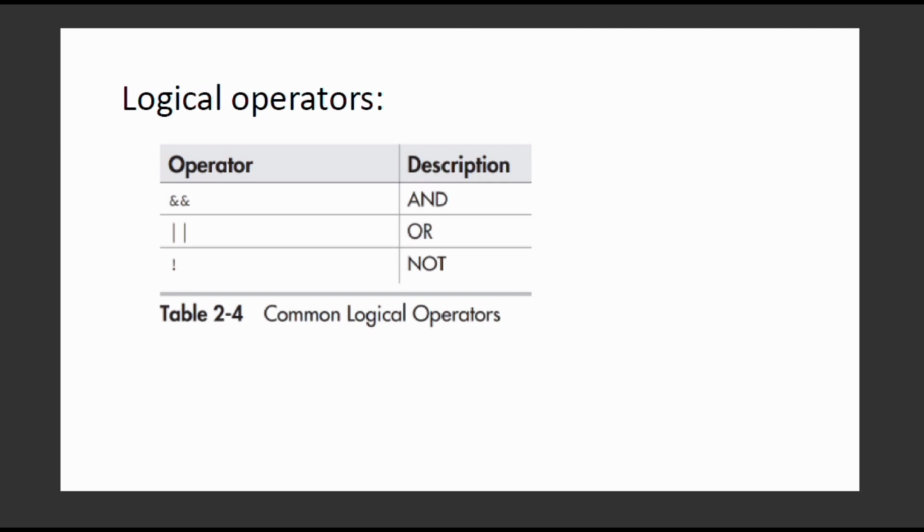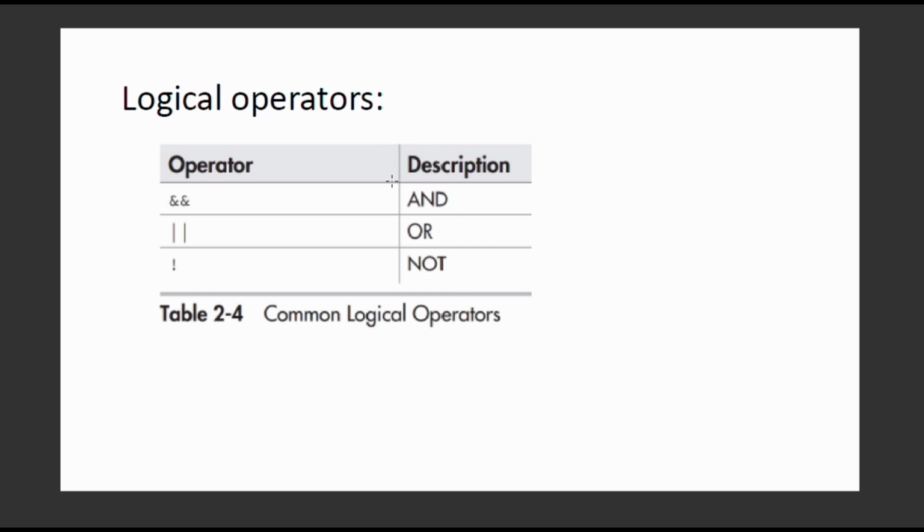Now we will move to our next operator, the logical operator. A logical operator is used in programming and mathematics to perform logical operations, typically on boolean values, true or false. The most common logical operators are and, or, and not.